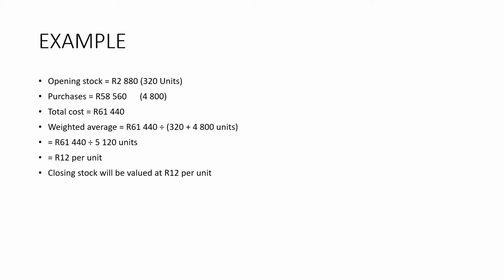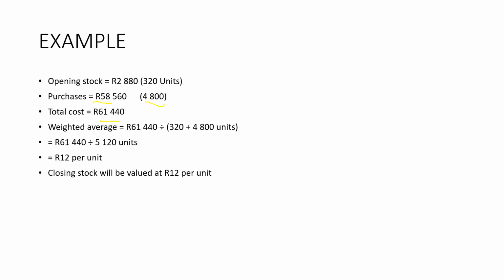And then we made purchases of about 4,800 units for 58,560. So basically the total cost will be the addition of the opening stock plus your purchases to get the total stock.